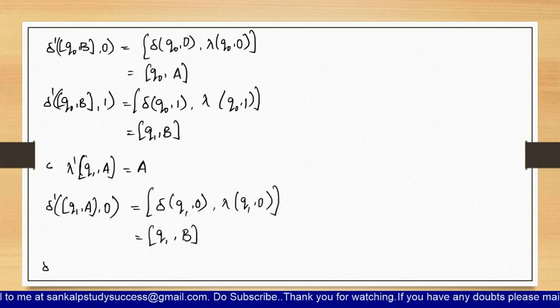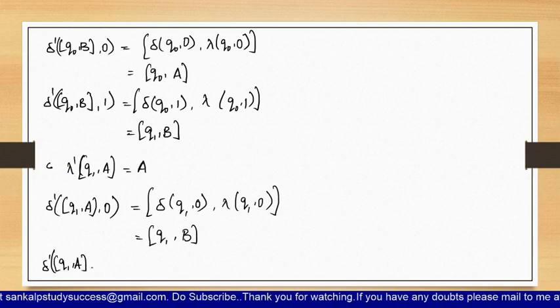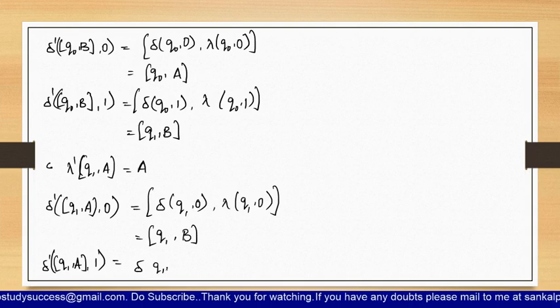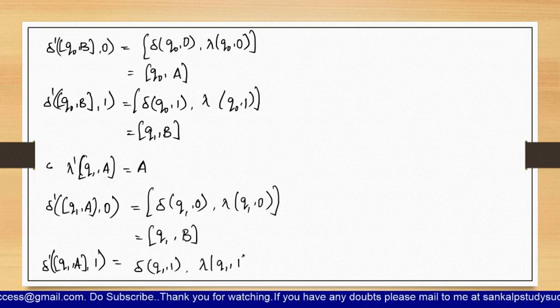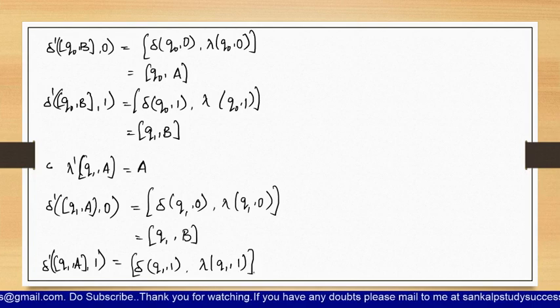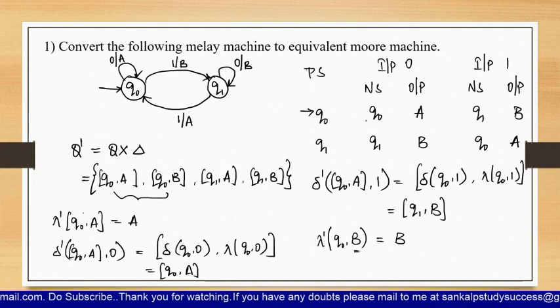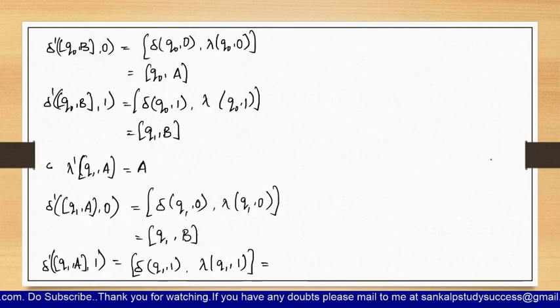Now by applying transition dash of (Q1, A), we are going to apply 1 here. Then it becomes transition of (Q1, 1), lambda of (Q1, 1). Then the transition function of (Q1, 1) is nothing but Q0 and the output is A. So (Q0, A).